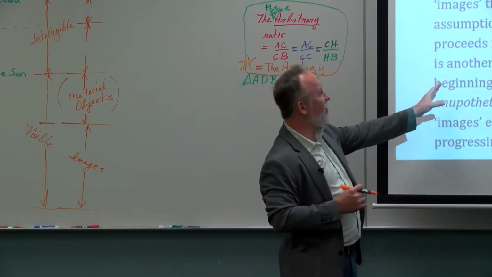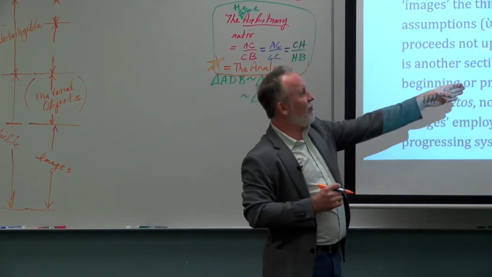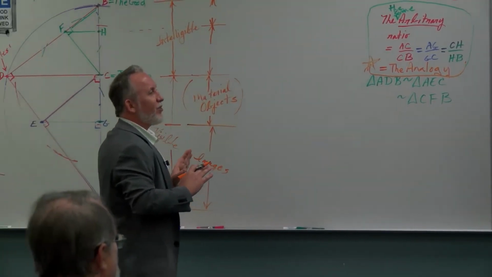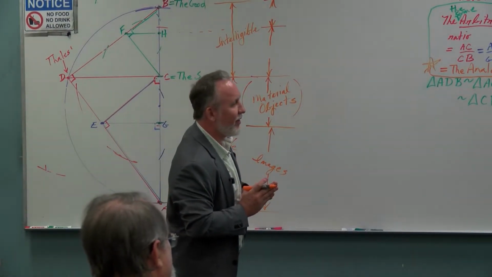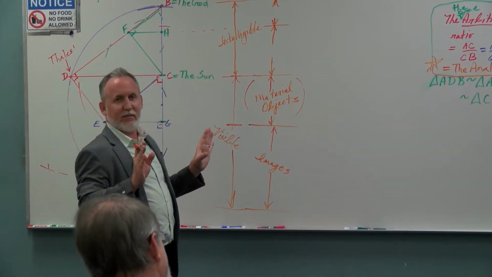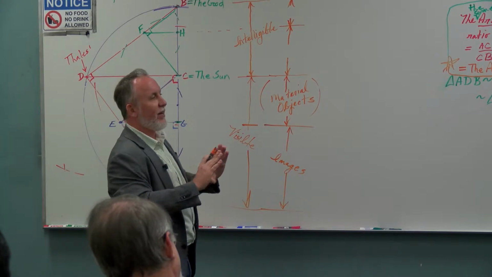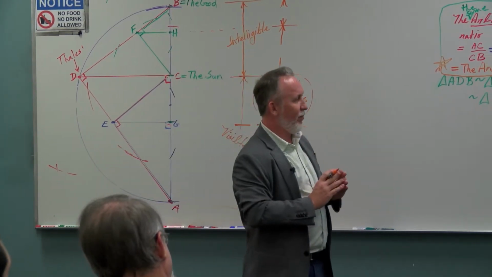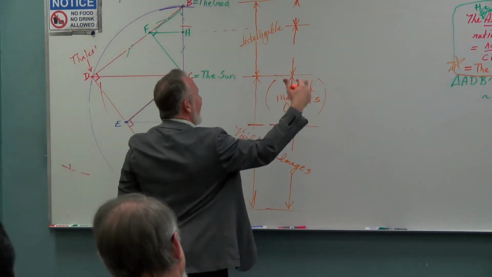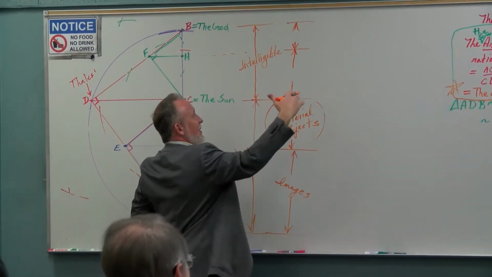But there is another section in which it advances from its assumption to a beginning or principle that transcends assumption, and in which it makes no use of images or the sort of analogy of an image employed in the other section. And it progresses from idea to idea.